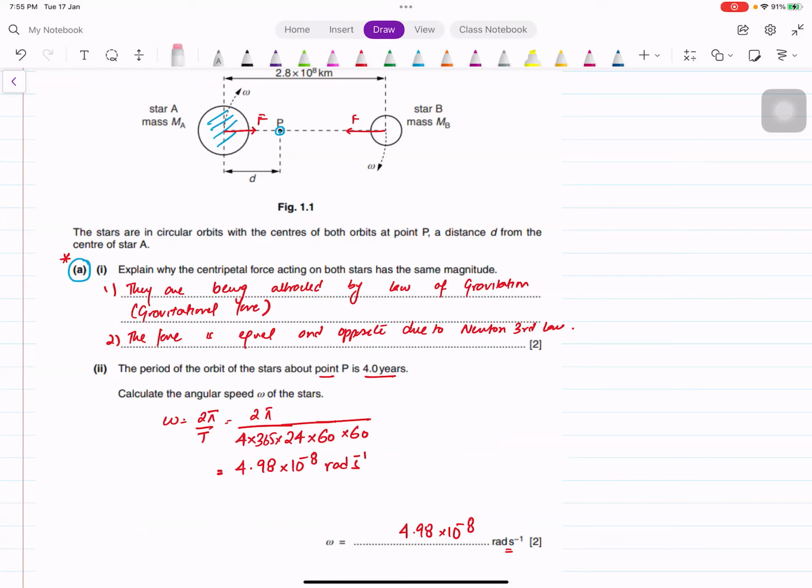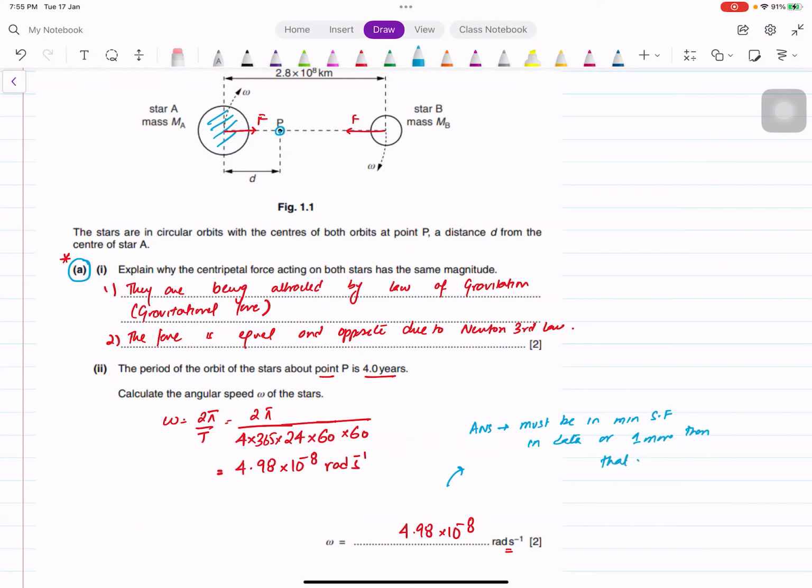Those who do not know this, it's a good thing that you asked. This is from AS, but I just want to tell you that the answer you give must always have the minimum number of significant figures in the data, or one more than that.